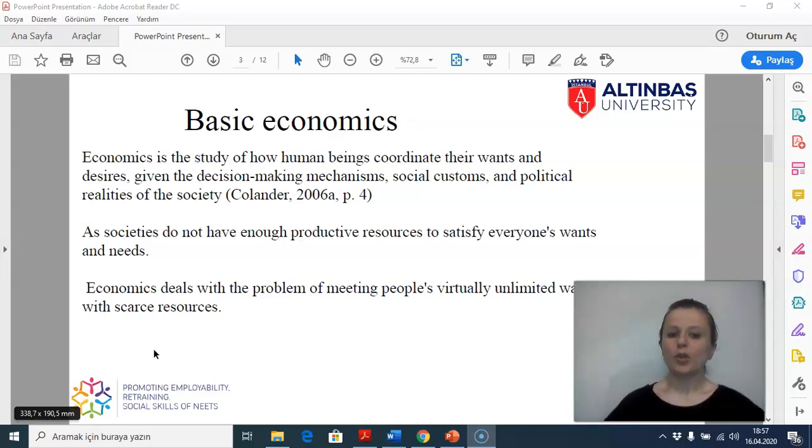As societies do not have enough productive resources to satisfy all of people's needs, economics deals with this problem. So it is also called a kind of art trying to satisfy unlimited needs with scarce resources.